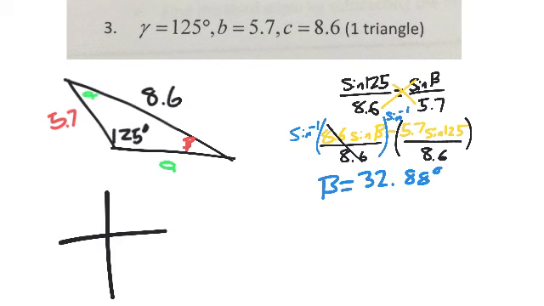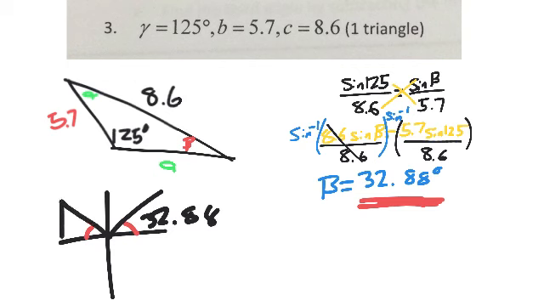Because this ratio was positive, that means it had to put me in the first quadrant. But in reality, this angle could be a reference angle in the first quadrant or the second quadrant, because sine is positive in both. So when you use the law of sines, this is where your 2 cases could come into play. So if this was a rotation of 32.88 degrees, what would I have to rotate in order to make this be a central angle of 32.88?